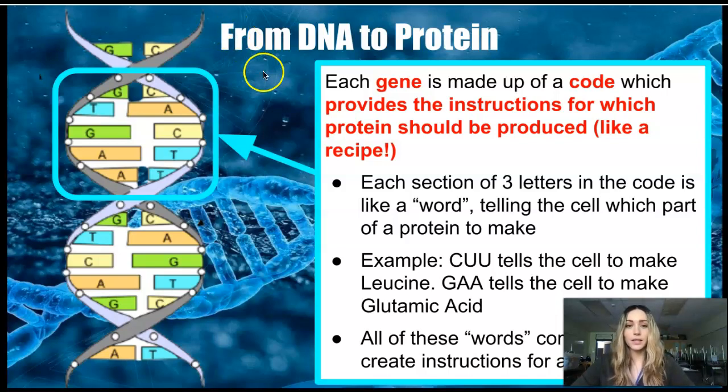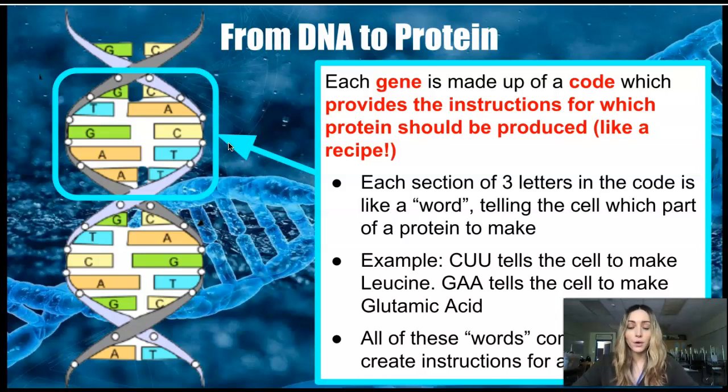Along a length of a gene, we know that it is made up of a code. Again, that code is in the letters A, C, T, and G. This code provides the instructions or the directions for the protein that the cell should produce. So you can think of the genetic code like a protein recipe.